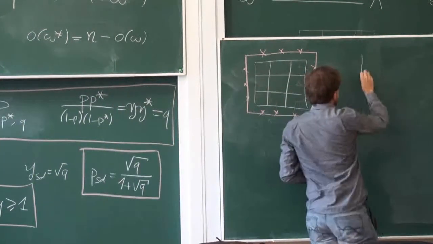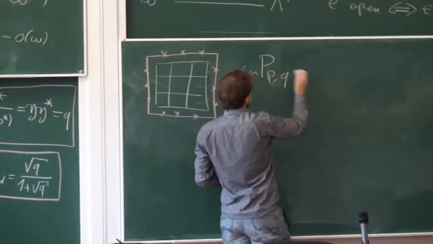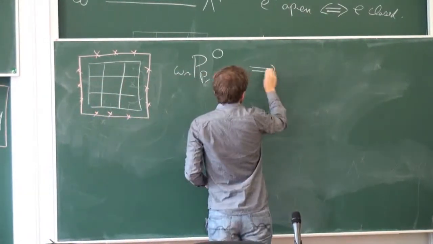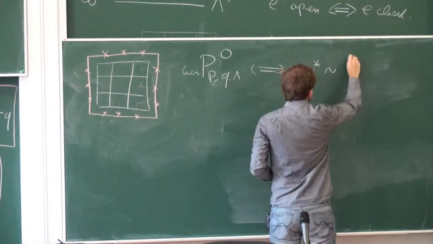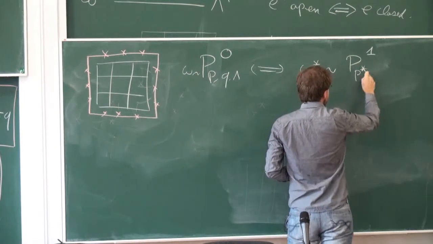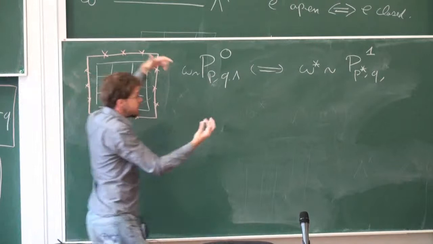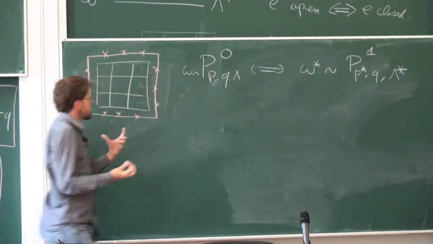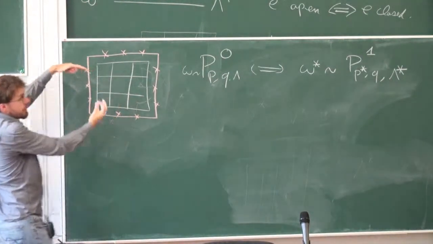So what you get is that if omega is distributed according to P, q with free boundary conditions in lambda, then omega star is distributed like a wired configuration with parameter p star, q, in a box lambda which is a little bit bigger. I will still want to call it lambda star, but lambda star is not the dual in terms of graphs, it's just a box which is a little bit bigger.